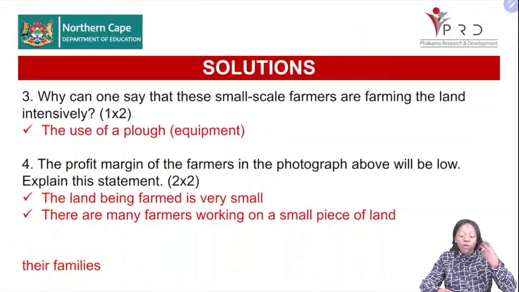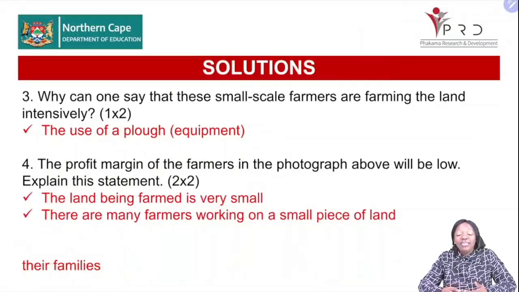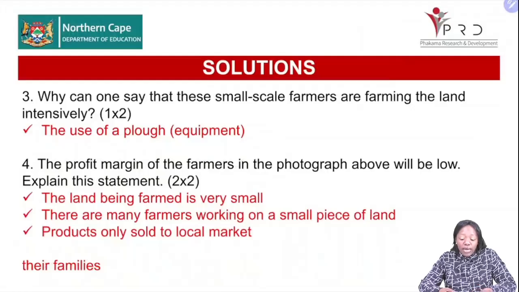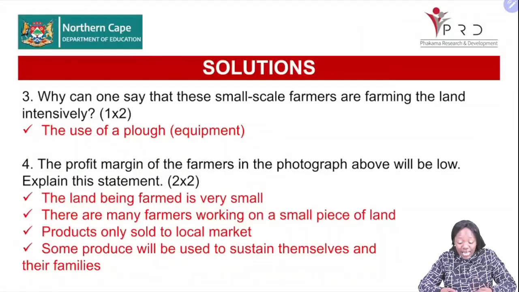Also, there are many farmers working on a small piece of land, so they are going to share that small profit. Then the products can only be sold in the local market. What does it mean? They can only sell cheaper. So as they are selling cheaper, their profit will also be less.